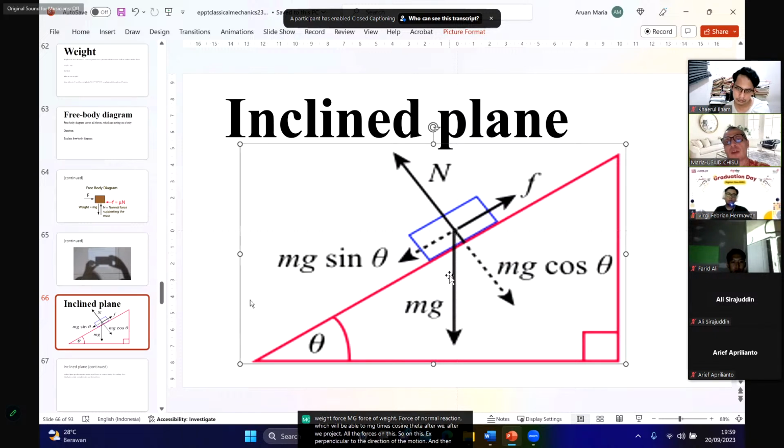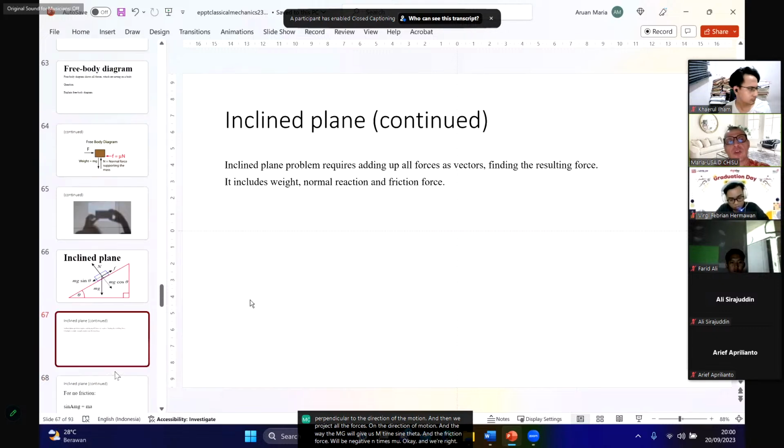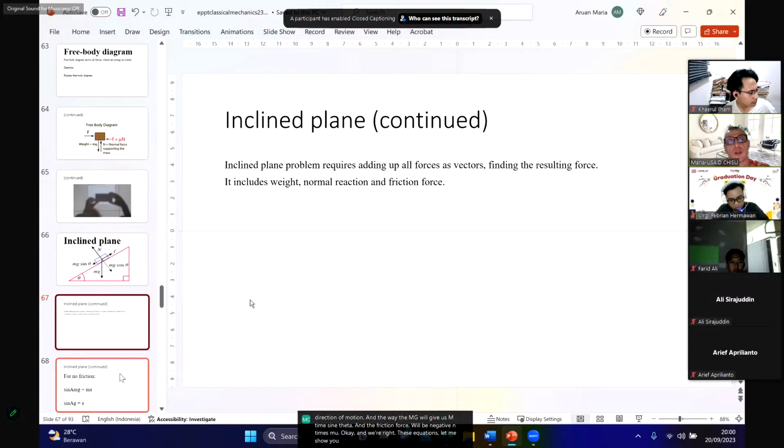Then we project all the forces on the direction of motion, and the weight mg will give us mg times sine theta, and the friction force will be negative N times mu. Okay, and we write these equations. Let me show you how.